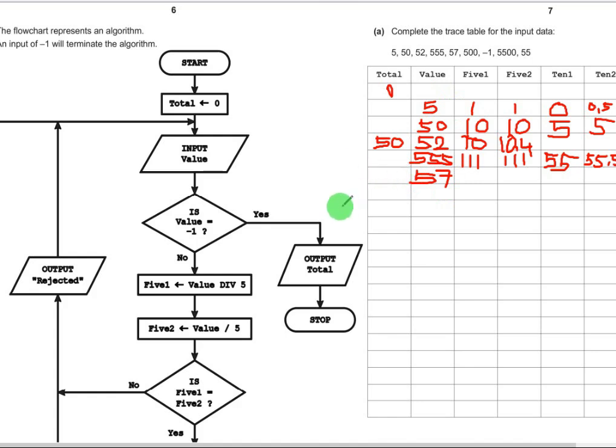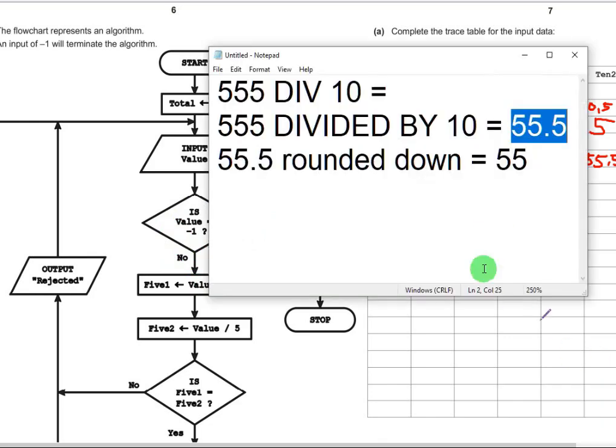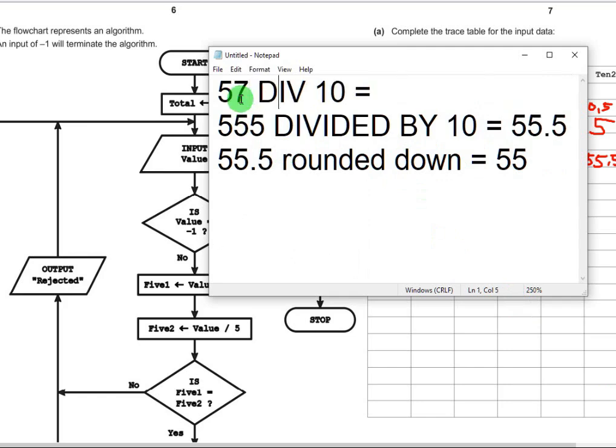Now it's getting faster. 57. Is 57 equal to -1? No, it's not the same as -1. 57 div 5.